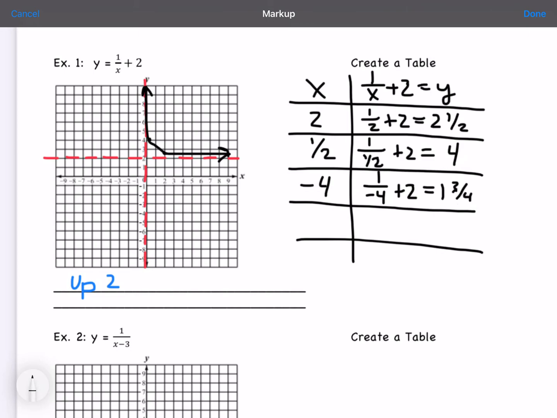So we go x equals -4, and then we're at 1 3/4, somewhere up there. And then if we pick -1, 1 over -1 plus 2, it's going to put us at 1. So it's going to put us right there. And so the graph is going to look like something like this.